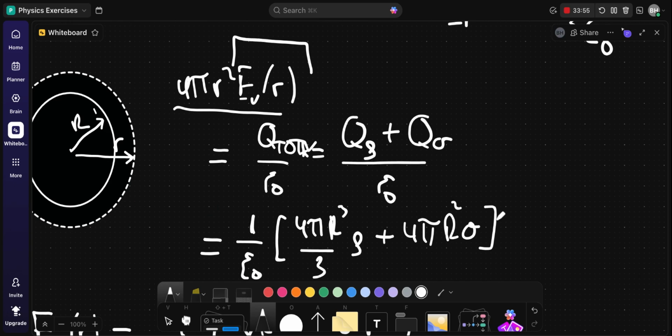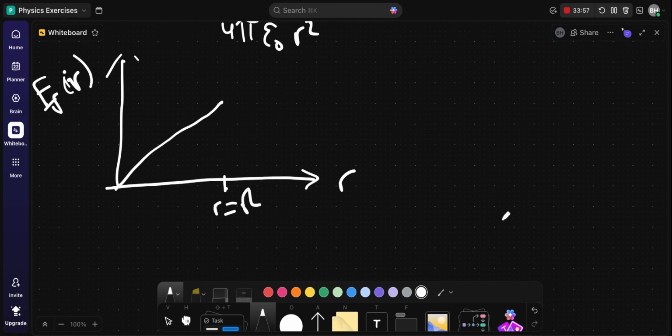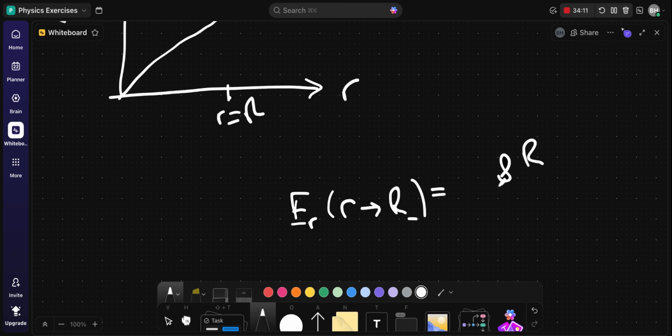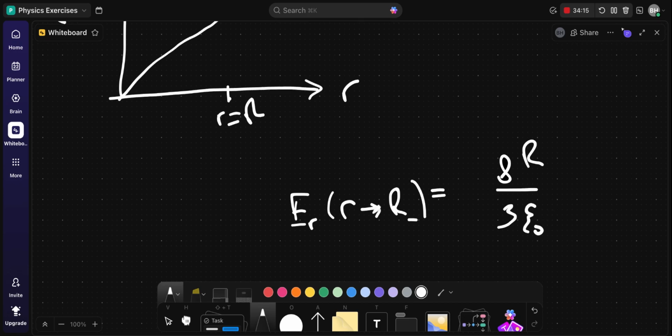Okay, so based on this, what we can write is that E(R), as r goes to R from below, that's the notation that's used for this, is actually rho R over 3 epsilon 0.